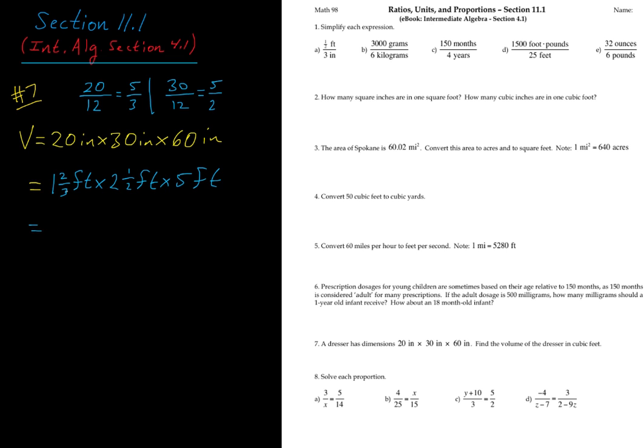Okay, and so now multiplying these all together, you can go ahead and check. You're going to get that same value as before, 2.083 repeated, and then we have feet cubed for the units. Okay, so this would be an alternative way to do it, and if you like that, certainly you can use it. All right, that'll do it.